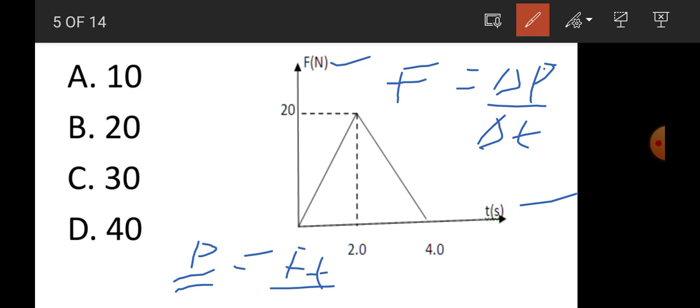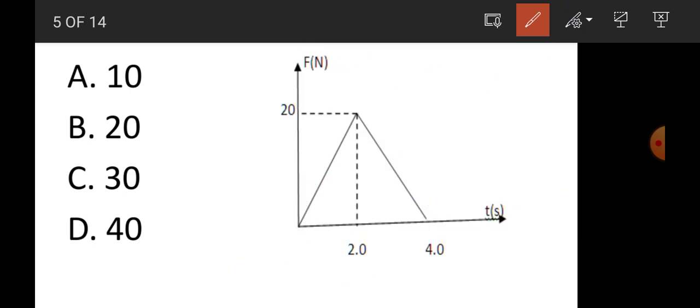Momentum is what we are asked for. So we have area 1 and area 2, two triangles. One is this triangle, and the second is the next triangle. So the sum of area 1 and area 2 gives the momentum. If the area under force against time is equal to momentum, therefore momentum is equal to area 1 plus area 2. Area 1 is equal to 1 over 2 times base times height.